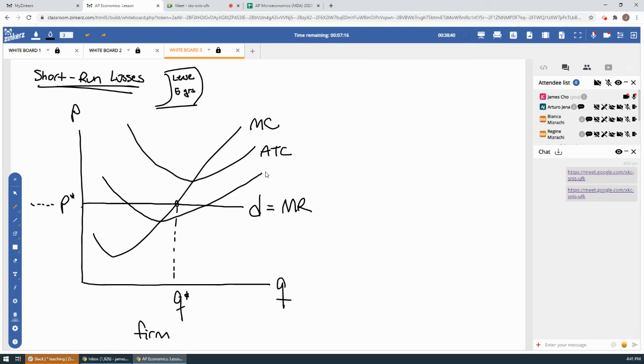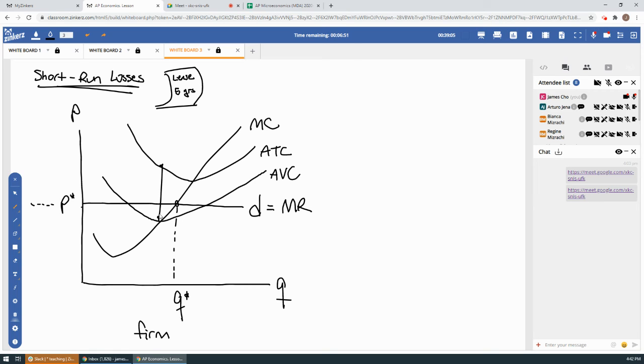Average variable cost. It looks exactly like your ATC, but you have to bring it down and move it to the left a little bit, because it still needs to be minimized where it touches the MC, just like the ATC needs to be minimized where it touches the MC. And again, a little bit of review: what is ATC minus AVC?